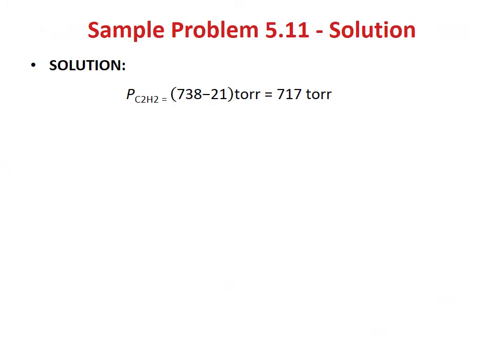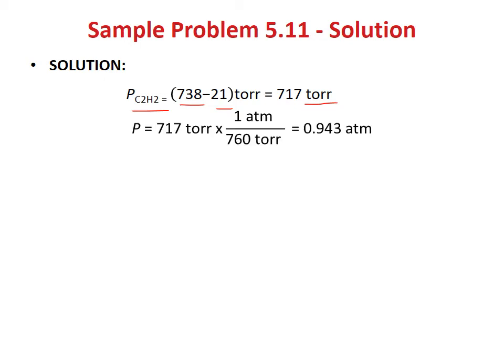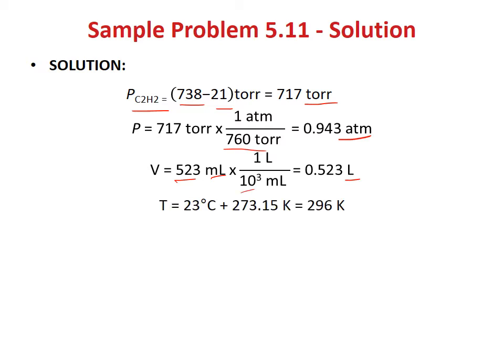First, we calculate the partial pressure of acetylene using the total pressure minus the water vapor pressure. The unit is in torr, so we can convert torr into atmospheres by dividing by 760. So that's the partial pressure of acetylene. Next, we convert the volume, 523 milliliters, into liters by dividing by 1000. And then the temperature, 23 Celsius, becomes 296 Kelvin.